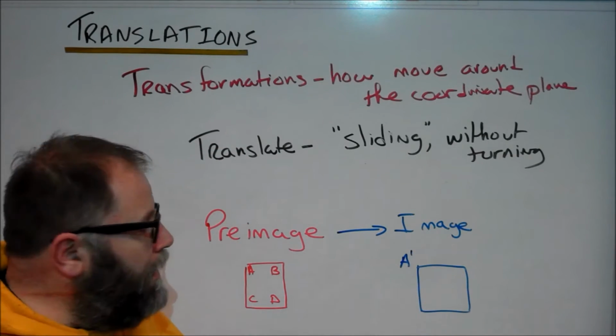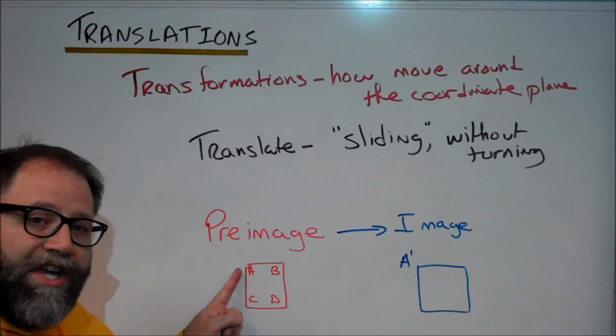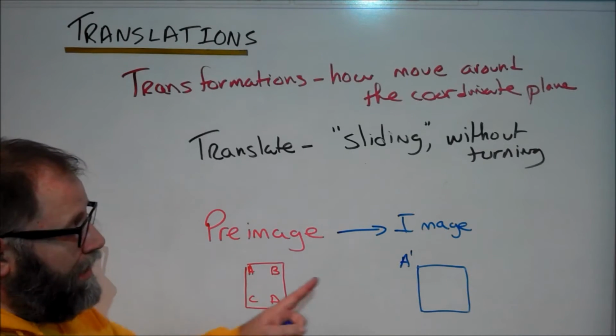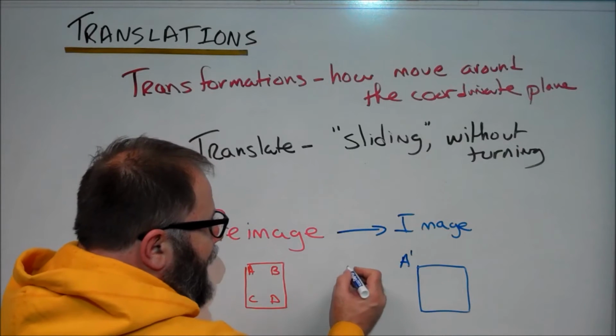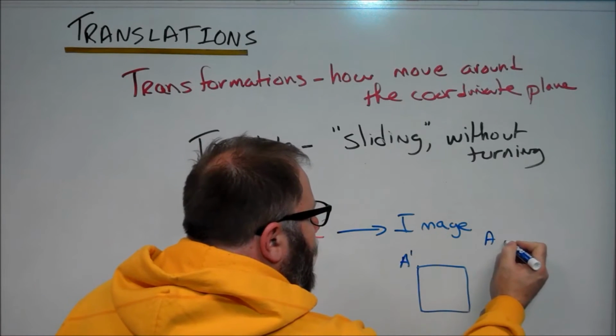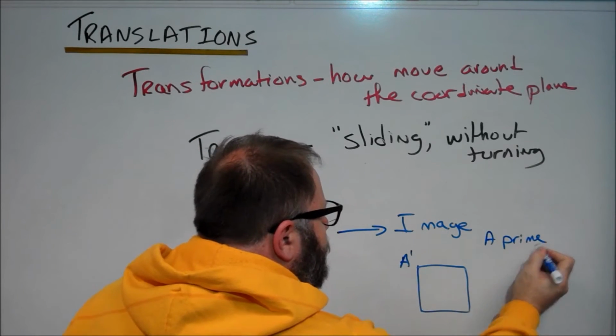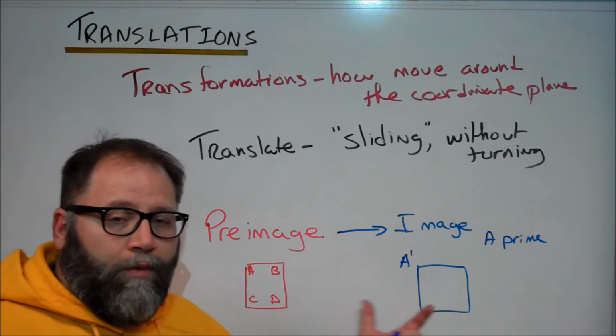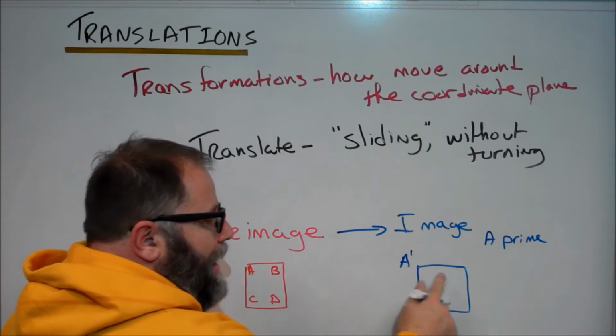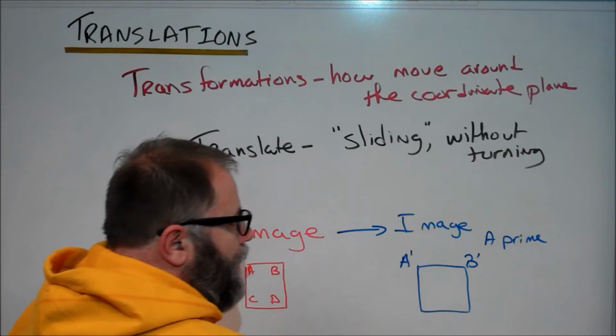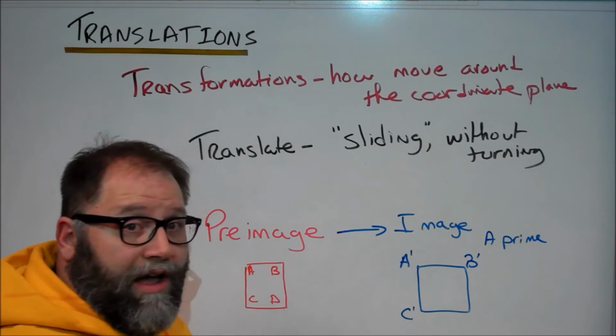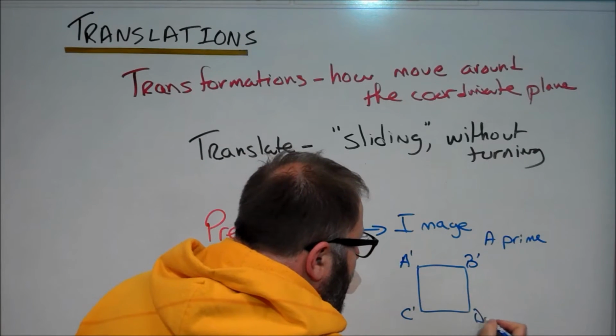Here, that vertex is A. Here, we describe it as A prime, because we've moved it once. So this would be A prime, B prime, C prime, and D prime.